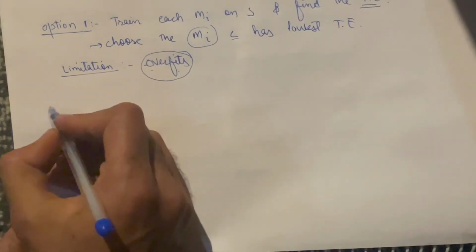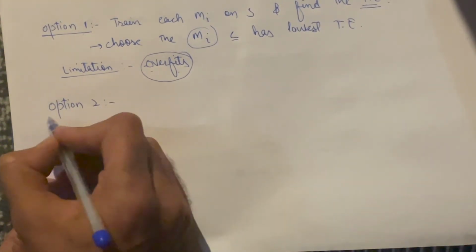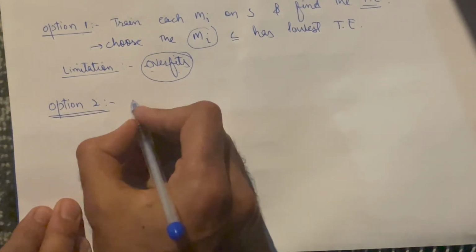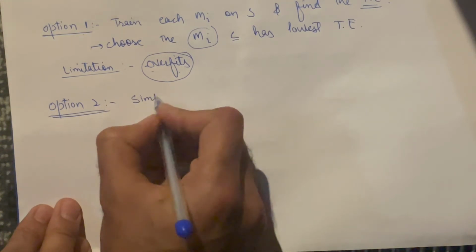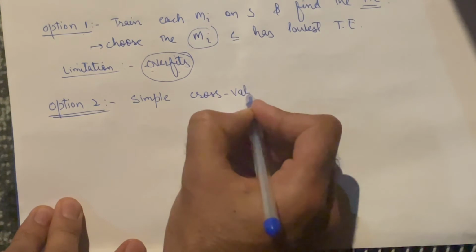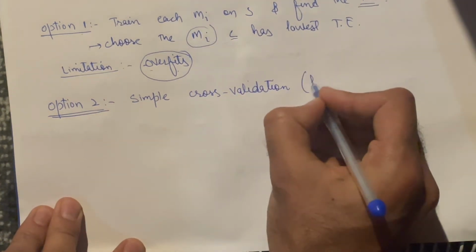So what is option two? Let's go with option two, which is also called simple cross validation, or the holdout mechanism.